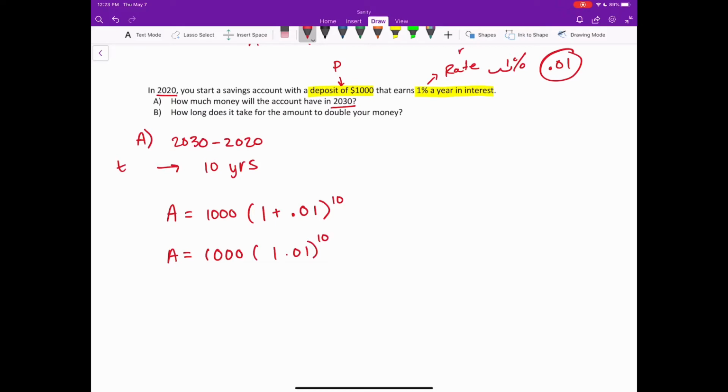And then according to my PEMDAS rules, I got to make sure that I do my exponent first before I multiply these together. So it's going to be 1,000 times whatever 1.01 to the 10th power is, and that gets you a decimal of 1.104622. It just keeps going on, so I'll just cut it off there.